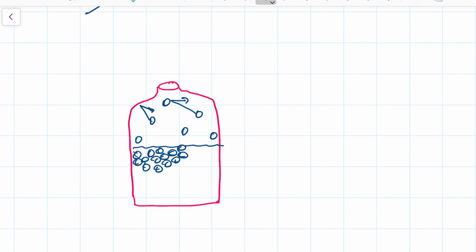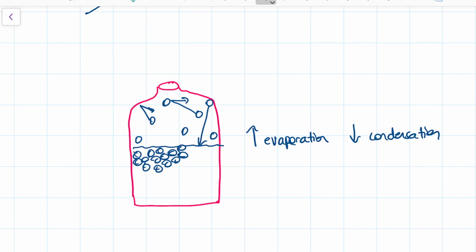Now, eventually you're going to have an equilibrium reached. And an equilibrium reached will be when the rate of evaporation equals the rate of condensation. Because eventually there's going to be so many molecules up here, some of them are going to not have enough kinetic energy to stay in the gas phase, and they're going to go back in to the liquid phase.